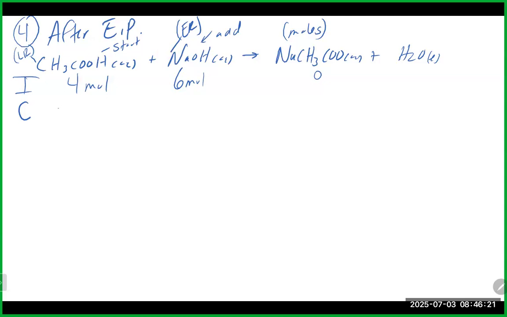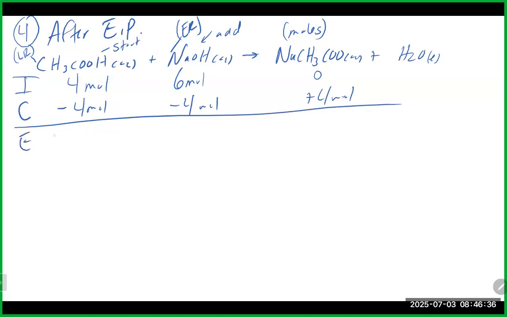That means the change is going to be based on the acid, giving us -4, -4, +4 moles. That means at equilibrium we'll have 0, 2 moles of this one and 4 moles of this one. Once again, like normal, we're going to convert back into molarity using the total volume.